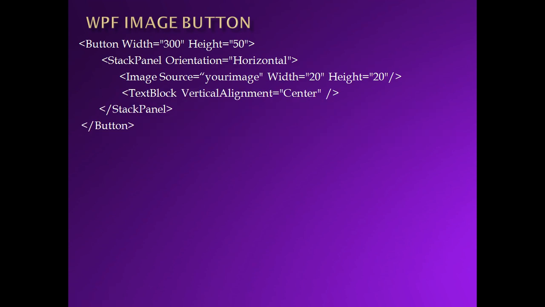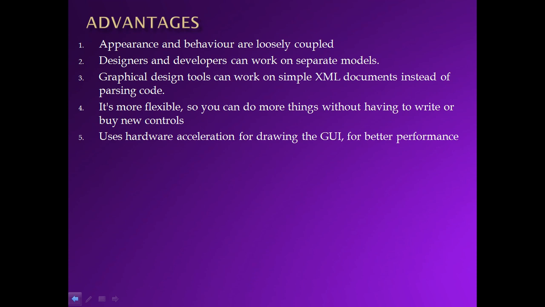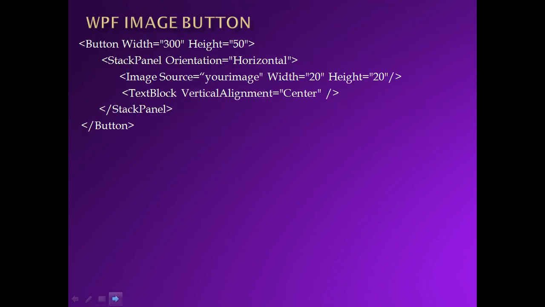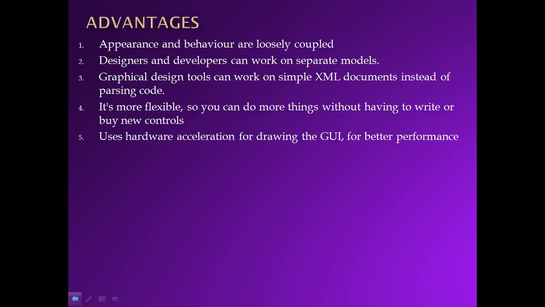Through this you can create an image button. This is the code. Remember this is not a standard Windows control, so WinForms does not offer you this possibility out of the box.